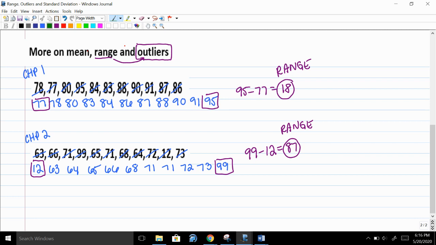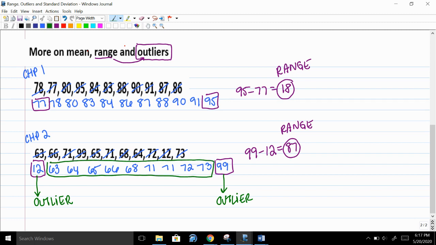In that chapter 2 set of data, we have two outliers. 12 is an outlier. You could also consider 99 an outlier, because if you look at the grades, most of them are within this 63 to 73 range, which is only a difference of 10.